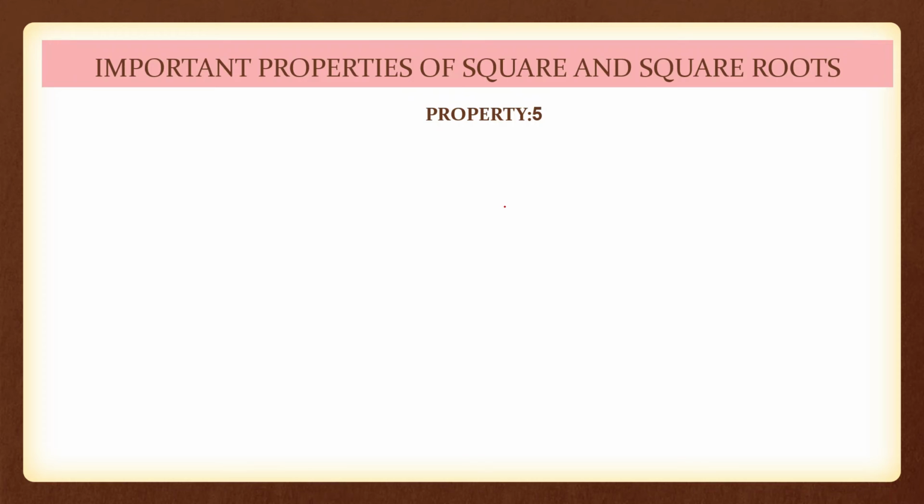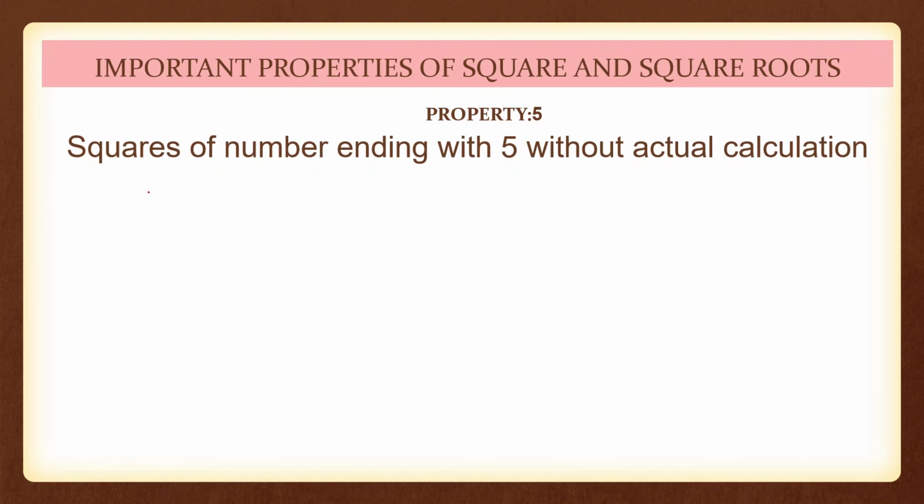Next is property number 5, which says squares of numbers ending with 5 without actual calculation. Here you need to follow 3 simple tricks. First, find out what is 5 into 5, that is 25.